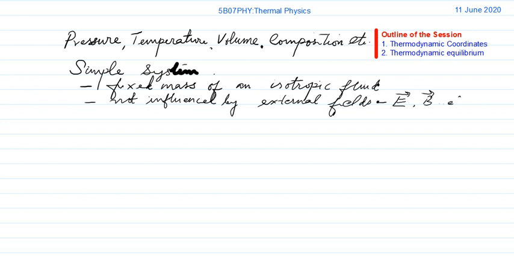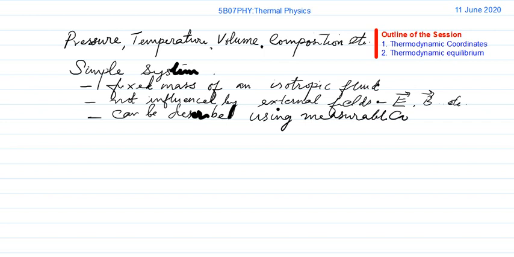So these fields do not have any influence on the properties of this system, and such systems can be described using three measurable coordinates such as pressure, volume, temperature.